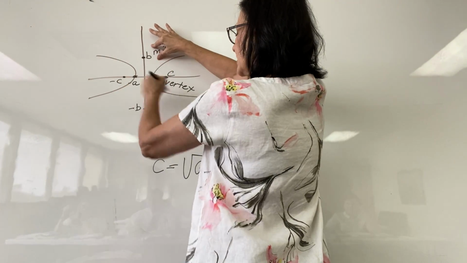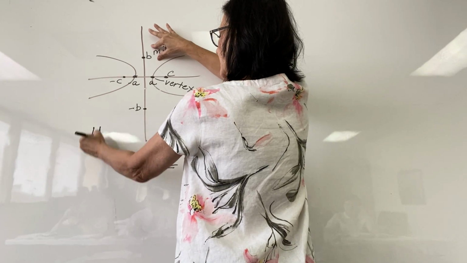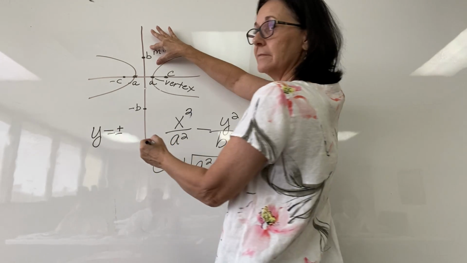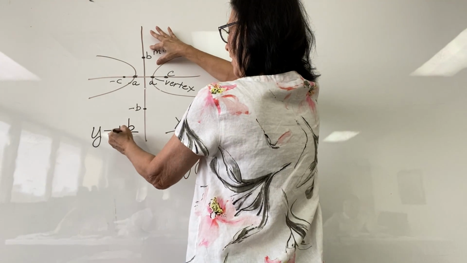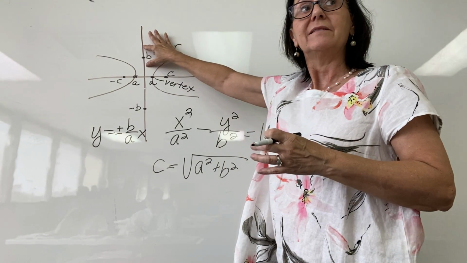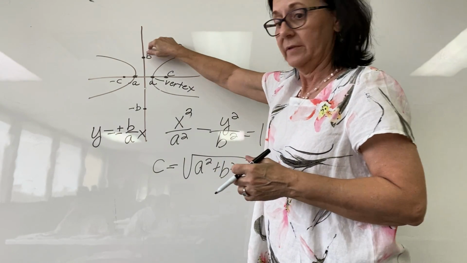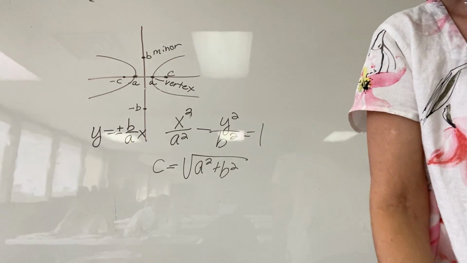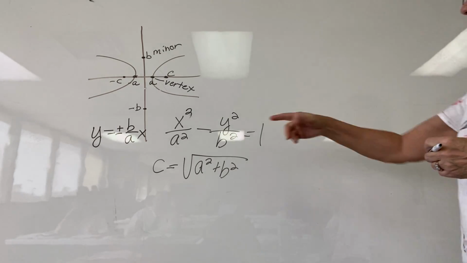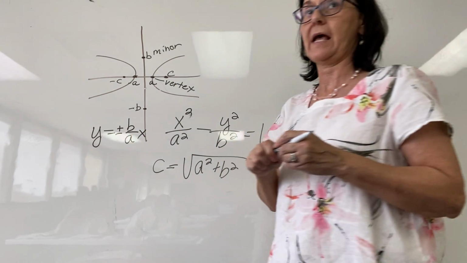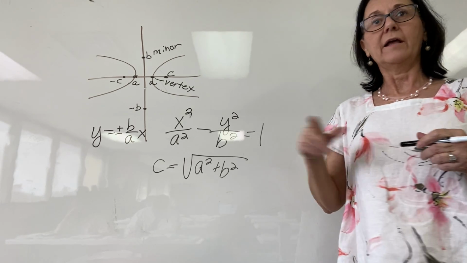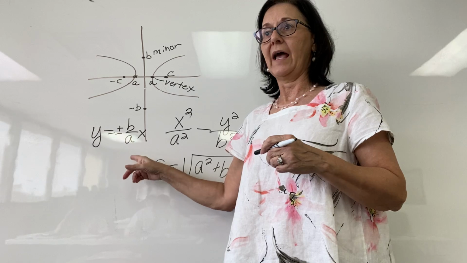So when the vertices lie on the x-axis, your asymptotes are going to be y equals plus or minus b over a x. Think slope, because the b lies on the y-axis, the a lies on the x-axis. Are you relating that to slope, the y over the x?